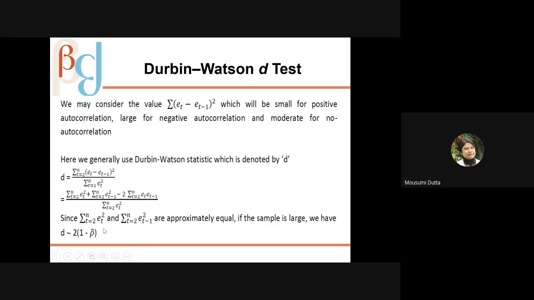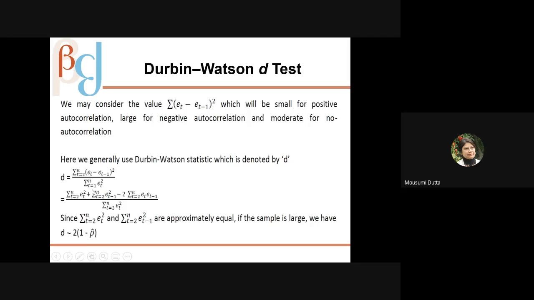Another thing is, since summation t equal to 2 to n et square, that is the first term, and the second term summation et-1 square are approximately equal for a large sample, I can consider this et-1 whole square to be et square. So in the numerator, I am getting 2 summation et square minus 2 summation et et-1.